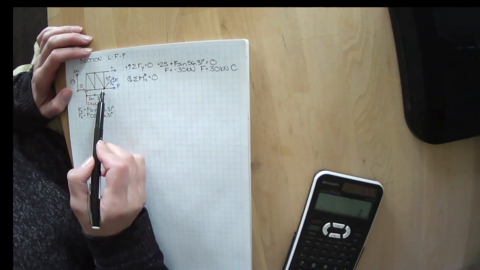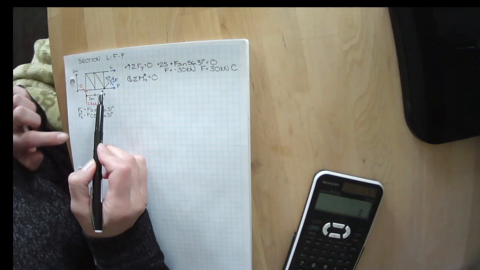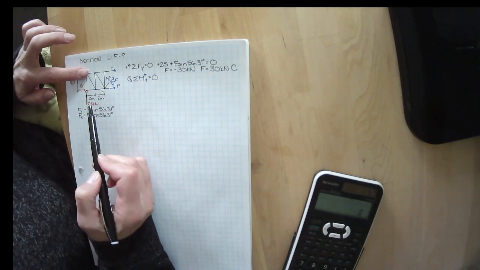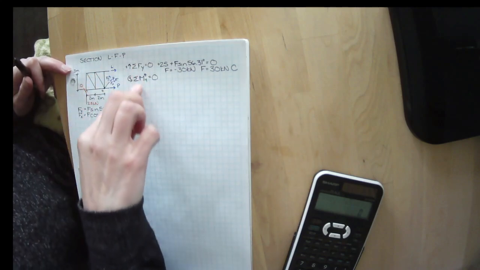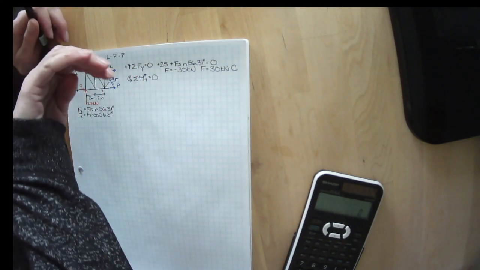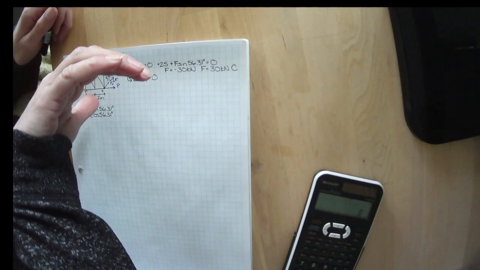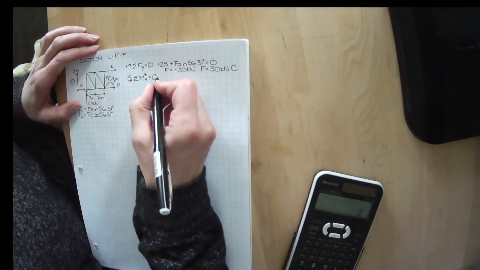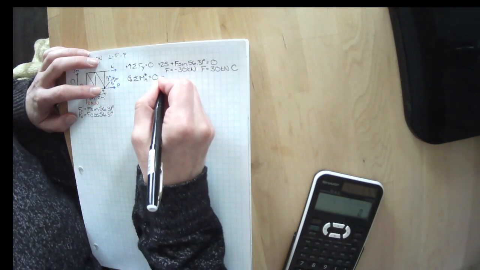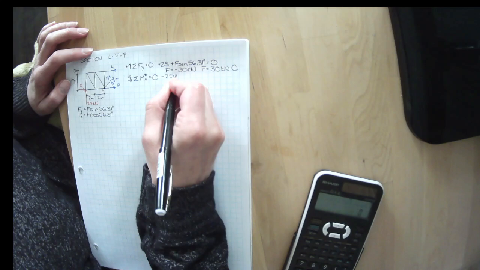The only thing causing this to spin about this point right here is our 25 kilonewtons and our L. 25 kilonewtons is trying to spin about this point right here like that. I point my finger in the direction it's trying to spin. My thumb points down. I have minus 25 kilonewtons.